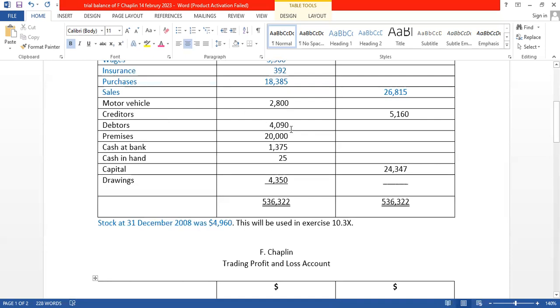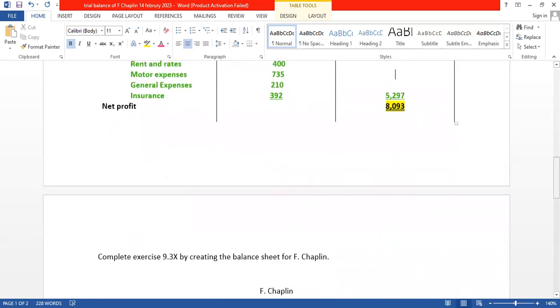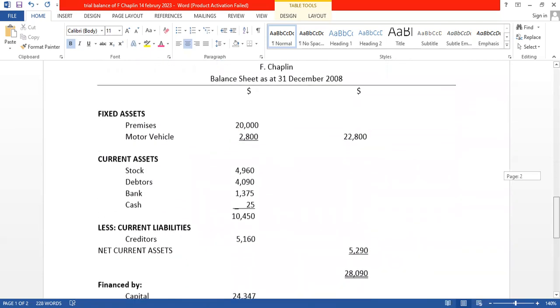So, where were we? Oh, we were looking for the creditors, which is $5,160. See, this is where it is. And our debtors figure $4,090, and our cash in hand $25 and cash at bank $1,375. So let's scroll back down to the balance sheet.